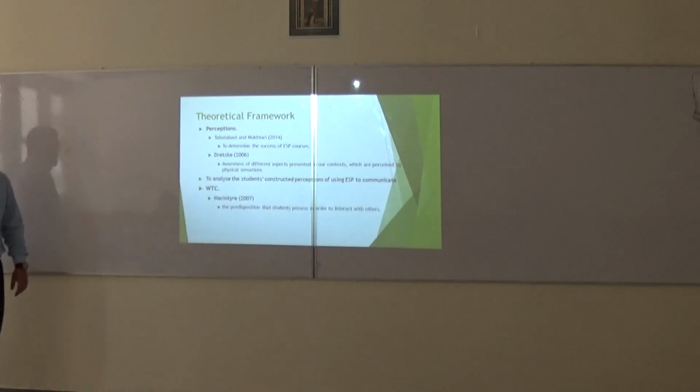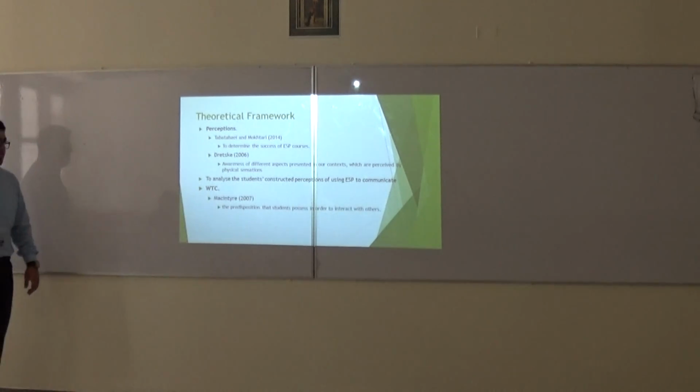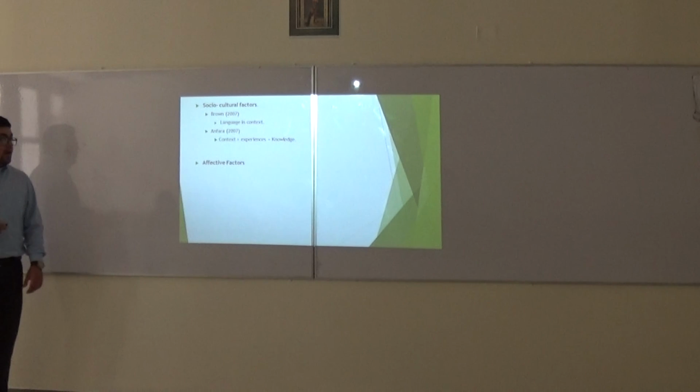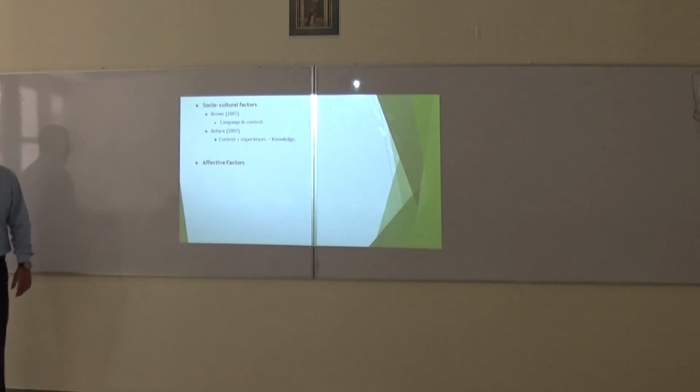Also, we have willingness to communicate, defined by McIntyre, where we can see that willingness to communicate is the predisposition that students possess in order to speak and talk in English inside of the class. Also, we have social-cultural factors that are presented by Brown and Alfaro.